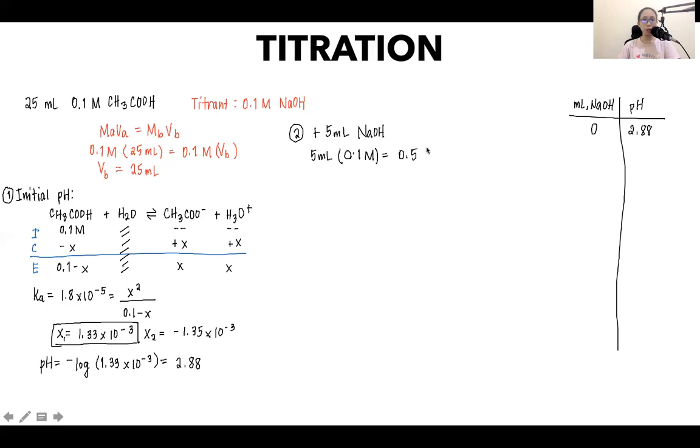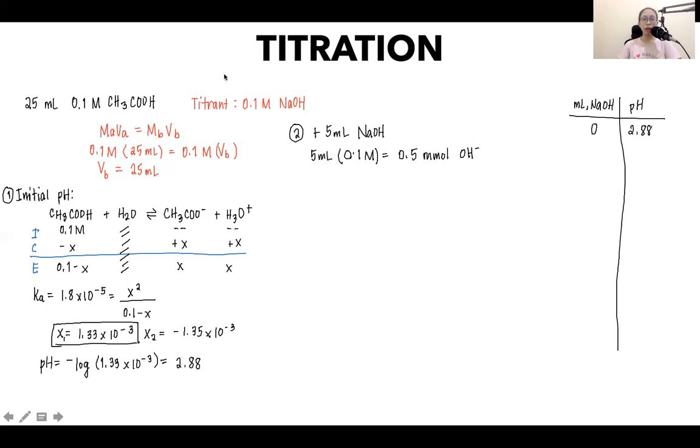This is not mole, but millimole. In titration computations, it's more convenient to work with millimoles as the unit of amount. So we have 0.5 millimoles of our base.